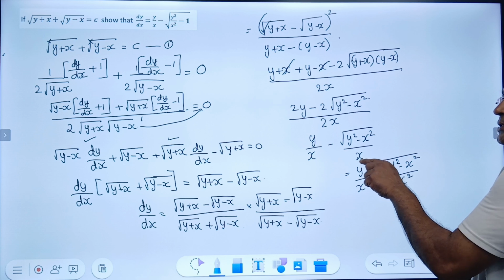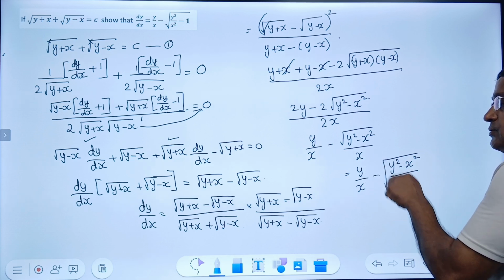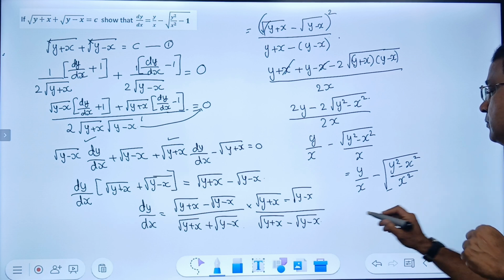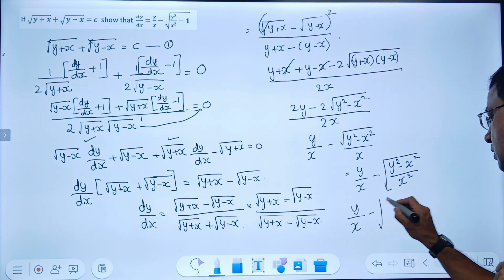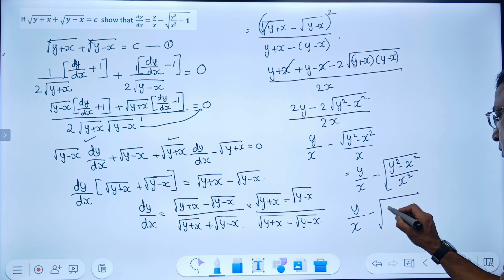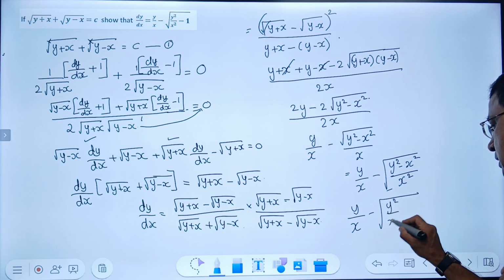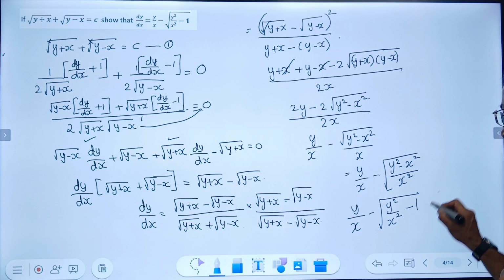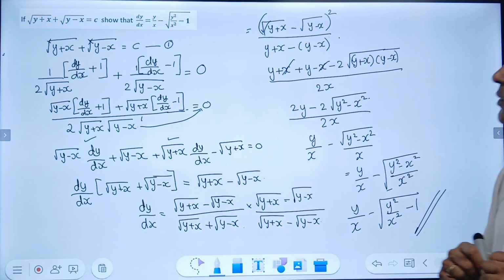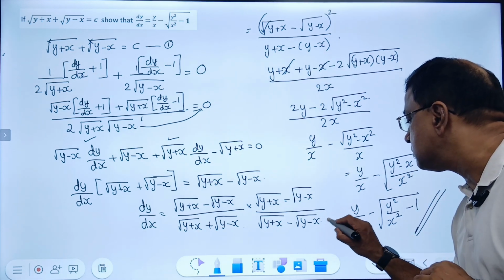If I write x, it's fine. Instead of writing x, I'm writing it as root of x square. Root of x square is x. It's the same thing. Okay. So this is y by x minus square root of, split the terms, you get y square by x square minus, what is x square by x square? It's 1. So this is what you have to prove. Prove that dy by dx is this.